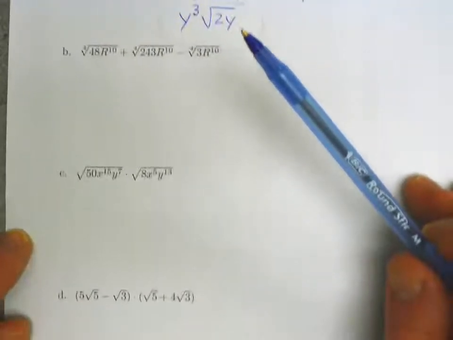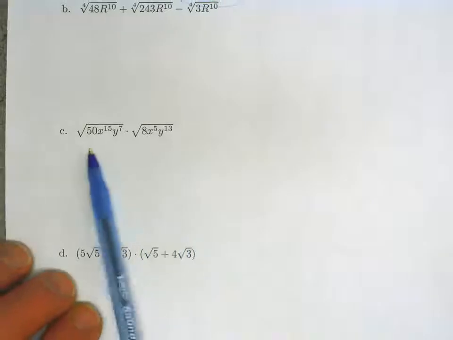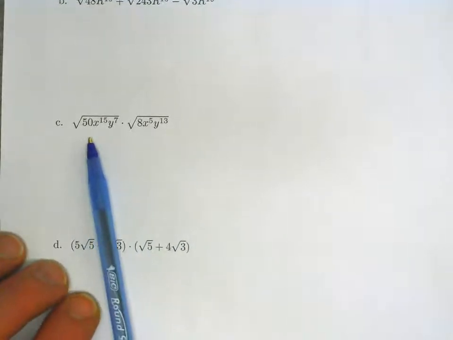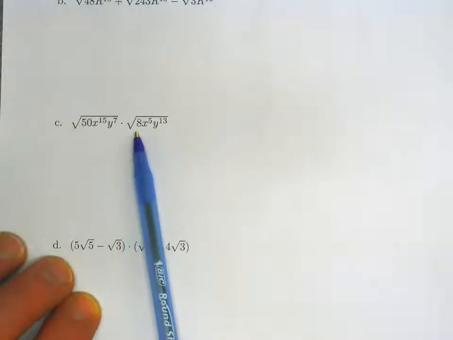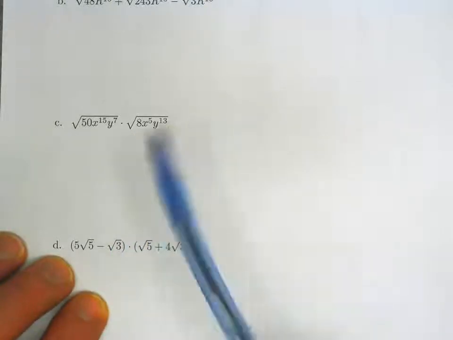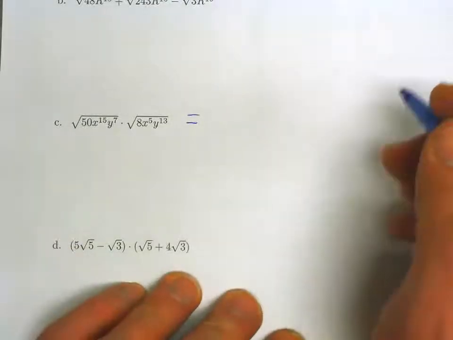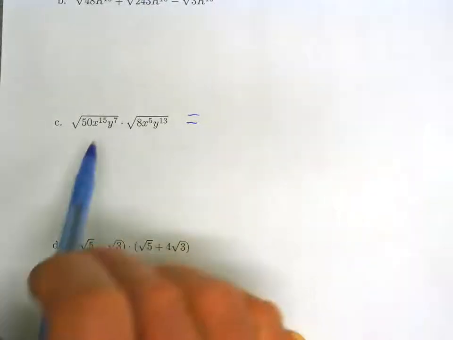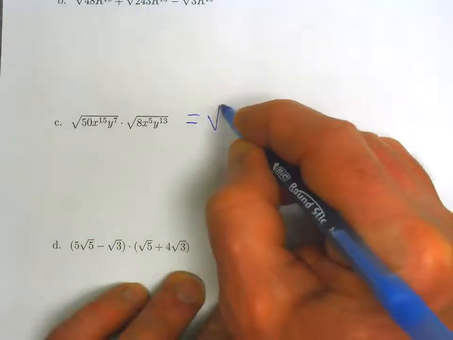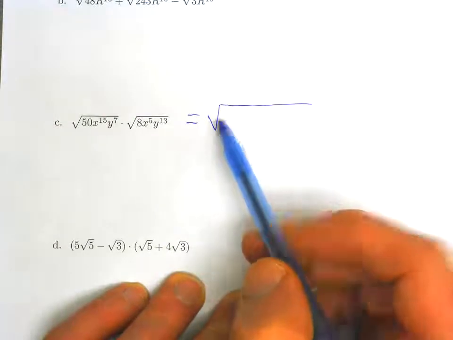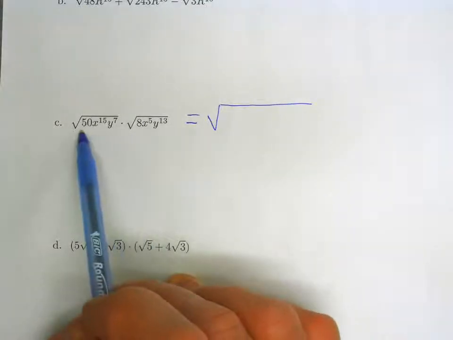Okay, in the next example, we're just multiplying two square roots. So the square root of 50x to the 15th times y to the 7th times the square root of 8x to the 5th y to the 13th. So what I recommend is if you're multiplying two radicals with the same index, like two square roots, write it as a single radical with the same index and multiply the arguments or the radicands.